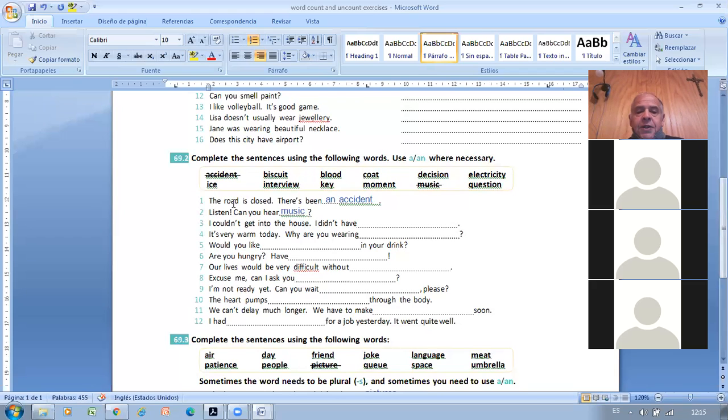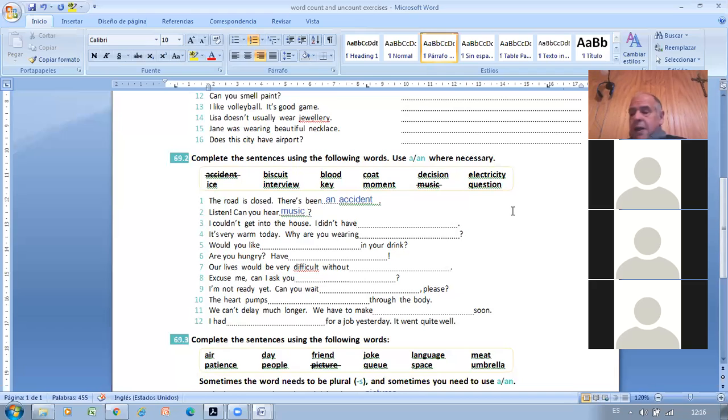So the road is closed. There's been an accident. Listen, can you hear music? All right. Now, do you know all the words in here? Is there a word that you don't know? Biscuit. The pronunciation is biscuit.